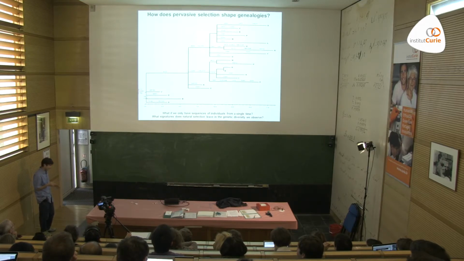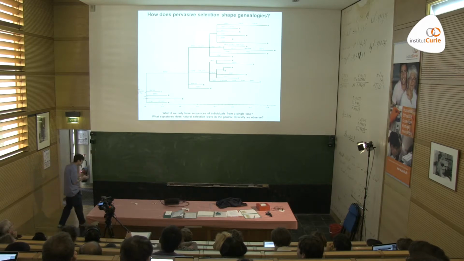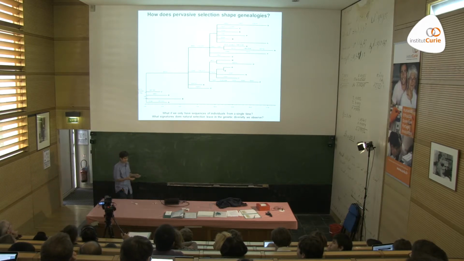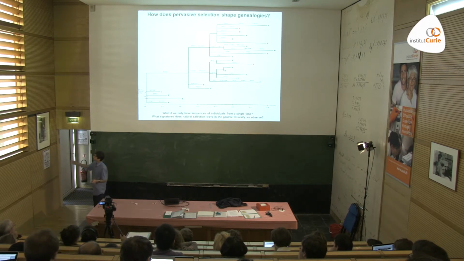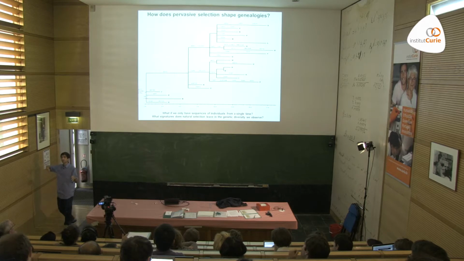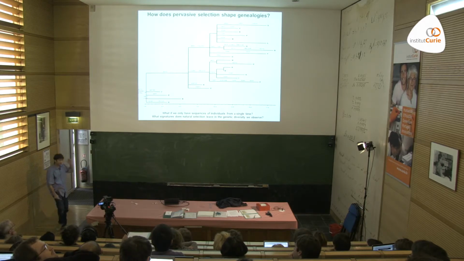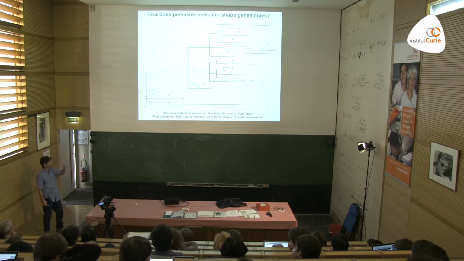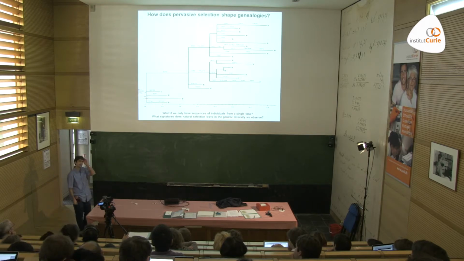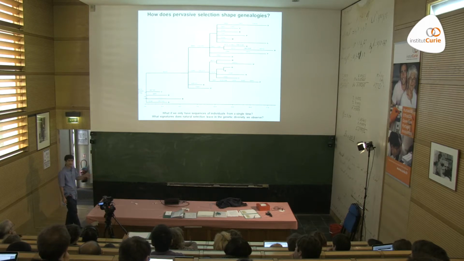The other thing is, in these experiments, we've had the advantage, because it's an experiment, of having a whole time course. We were looking through time and using the whole temporal dynamics to figure some things out. But when you sequence lots of natural populations, you often just can't do that. You just have individuals from one moment in time, now, and you can sequence them, and that's all you've got.